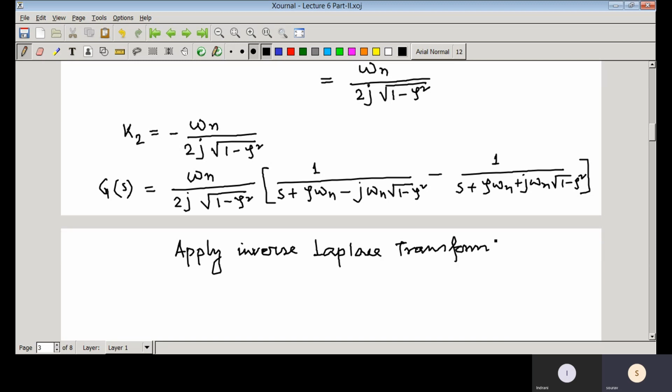So if you apply the inverse Laplace transform, you will get g(t) equal to the inverse Laplace transform of G(s).